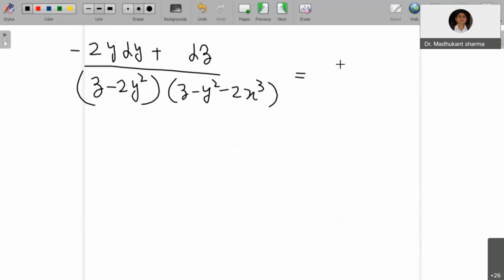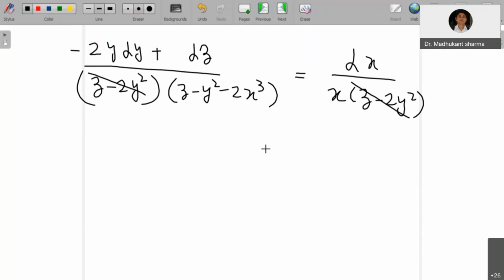Now this is equals to 2y. Now this will get cancelled. Now what if you cross multiply, whether we are able to write it in the exact differential equation concept, whether we are able to do that.